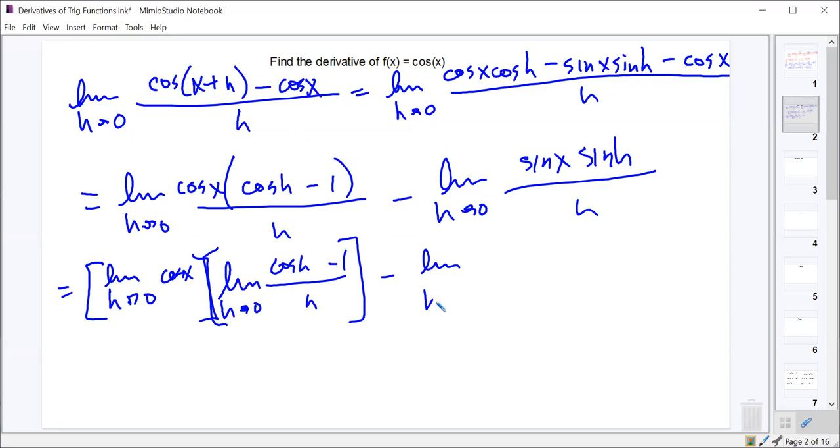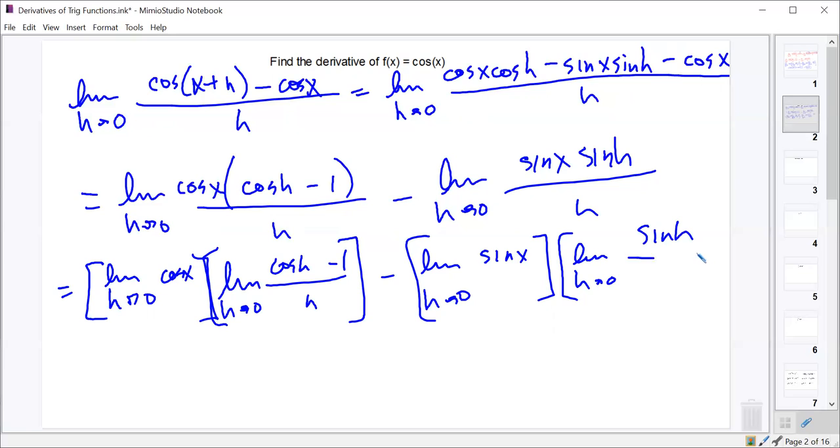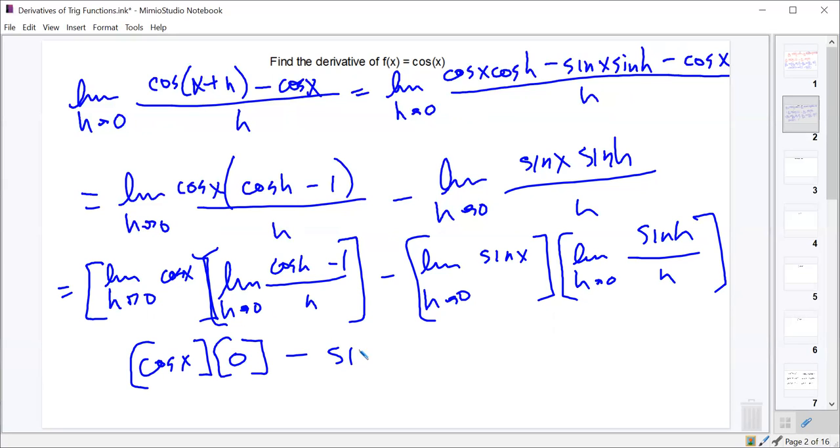And on this one, make this sine x and sine h over h. And as h approaches 0, cosine x is cosine x. And this is 0, minus sine x, and that is 1.